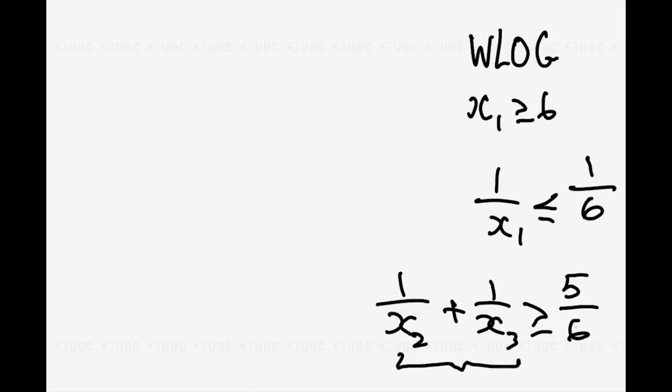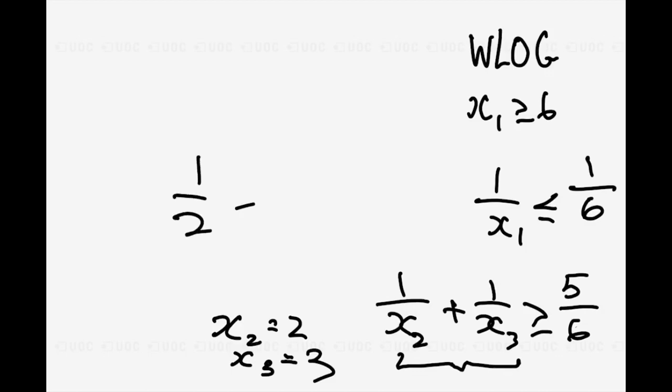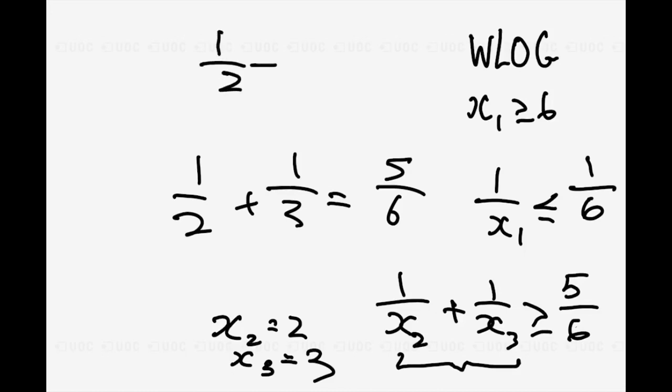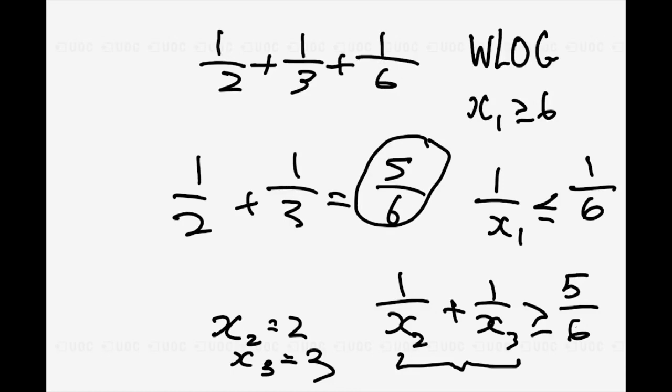Hence, the next biggest value is x2 equals 2, x3 equals 3. And 1 over 2 plus 1 over 3 is equal to 5/6, so it satisfies the inequality. That means x1 equals 6. But if we take 2, 3, and 6 and add them up, this is not 16. This does not satisfy our first equation.